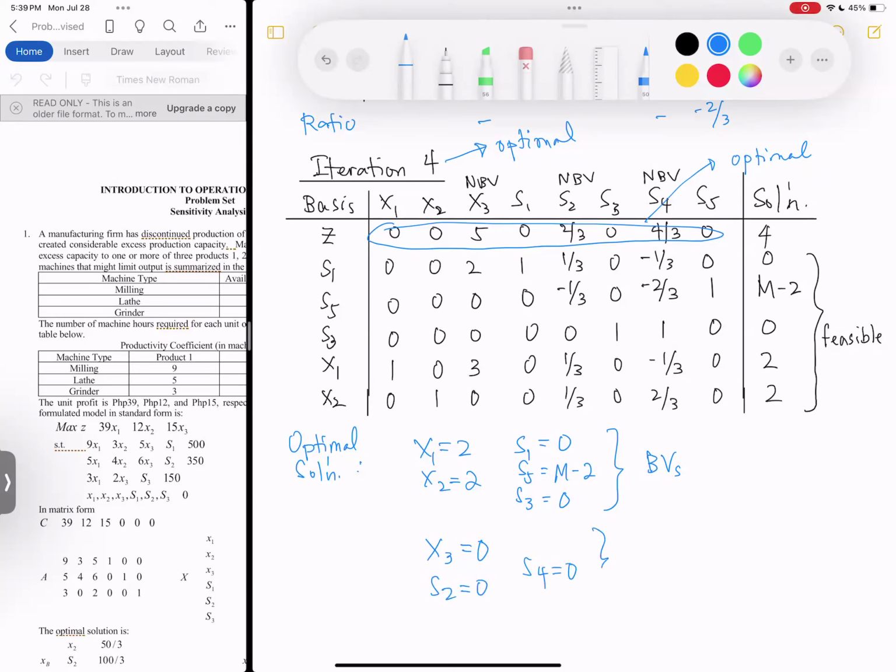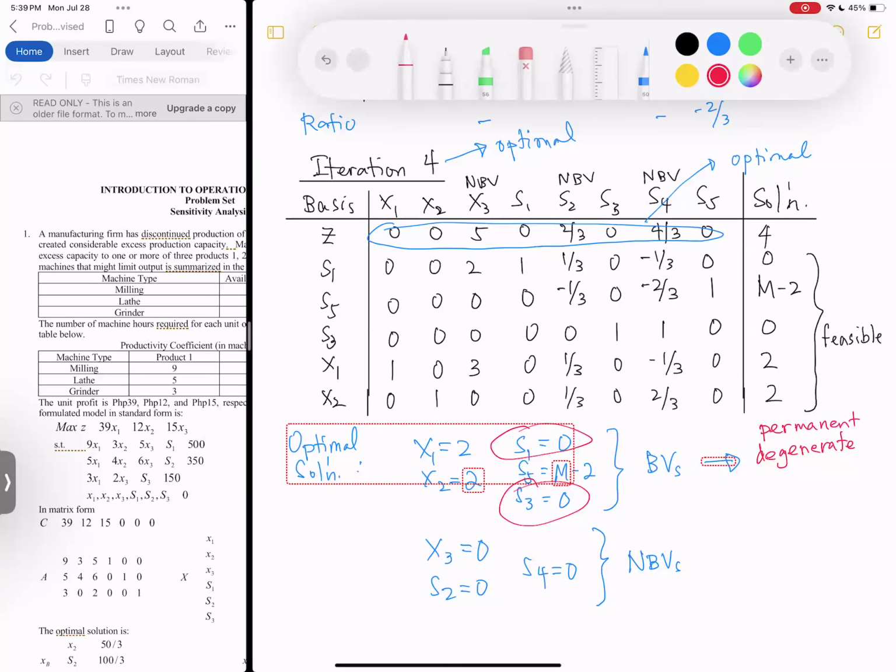And again, I'm separating the basic and the non-basic variables so that you can see that on the basis of this, which are basic variables, then you have a degenerate permanent, degenerate, and degenerate optimal solution are the same, no?